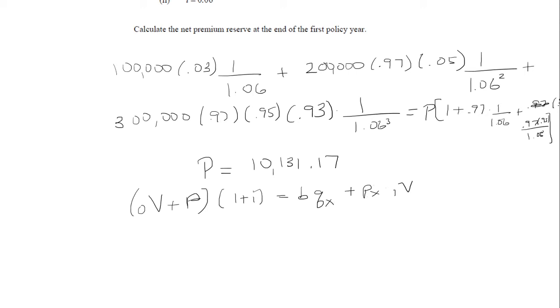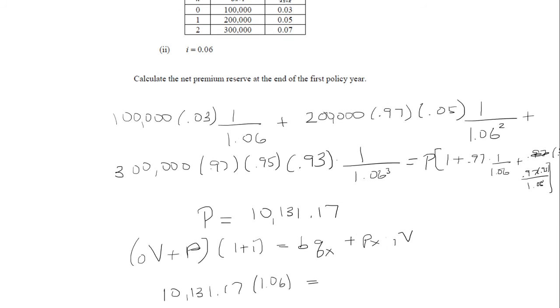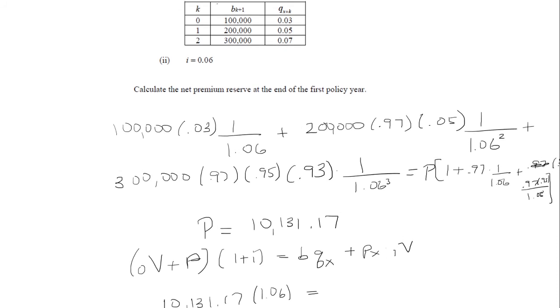Because we're dealing with net premium reserves, the initial reserve, the time 0 reserve, is 0. That's true for all net premium reserves. So that's just 0 plus the premium, which we found to be 10,131.17, multiplied by the interest rate of 6%. The benefit when K is 0, the initial benefit, is 100,000.